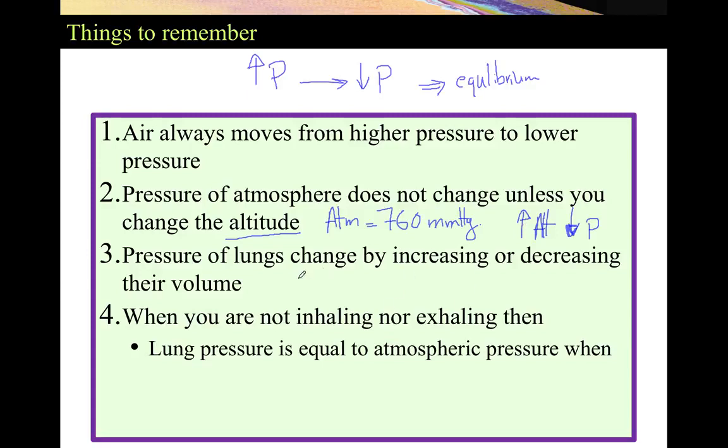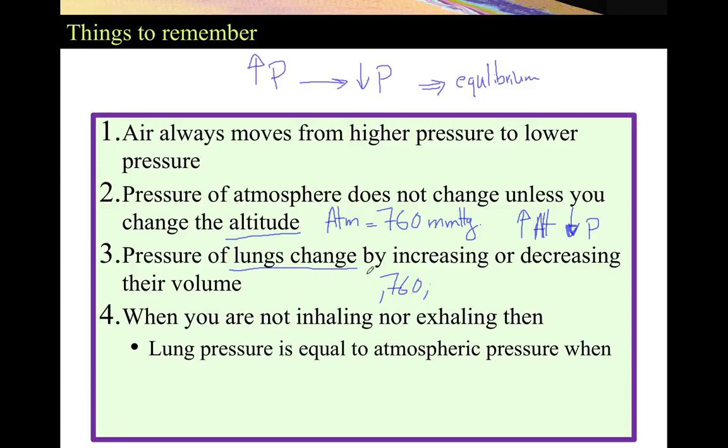On the other hand, you have pressure inside your lungs. Understand that when you're not inhaling or exhaling, the pressure of your lung is equal to the pressure of your atmosphere, which is 760 millimeters of mercury. Also understand that when I inhale, when I'm talking about the process of inhalation, your rib cage is expanding, which means the pressure inside your lung is going to drop.